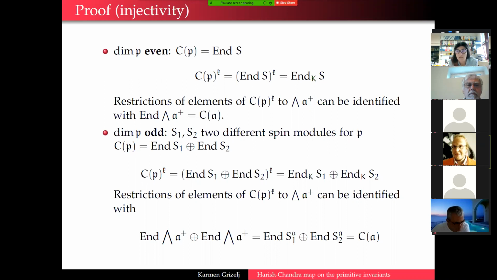For P, they are isomorphic as K modules, but not as C of P modules.